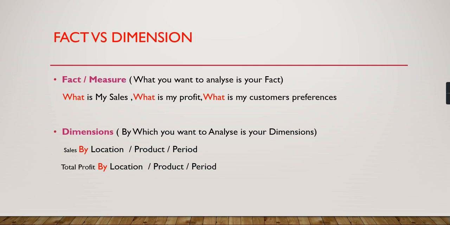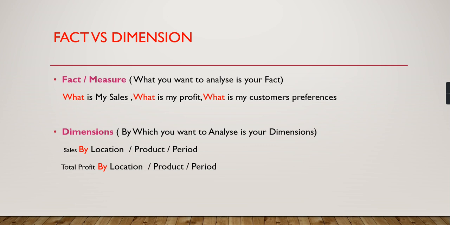What is my customer preference? Or how many customers do I have? The count, the summation, the aggregation, the minimum value, maximum value. These kinds of numerical, quantitative values are considered measures, and these measures should be stored in your fact tables.